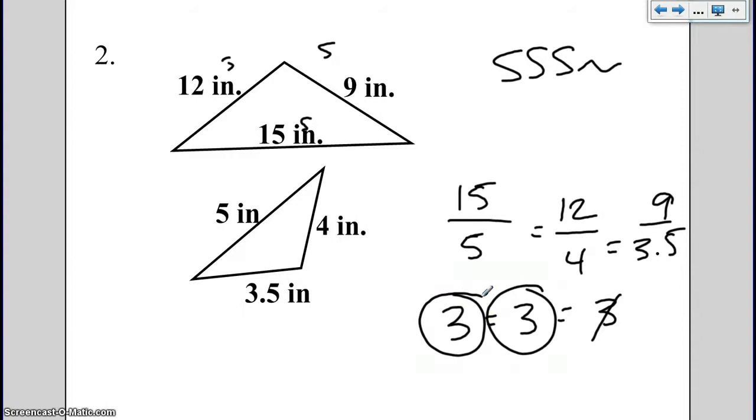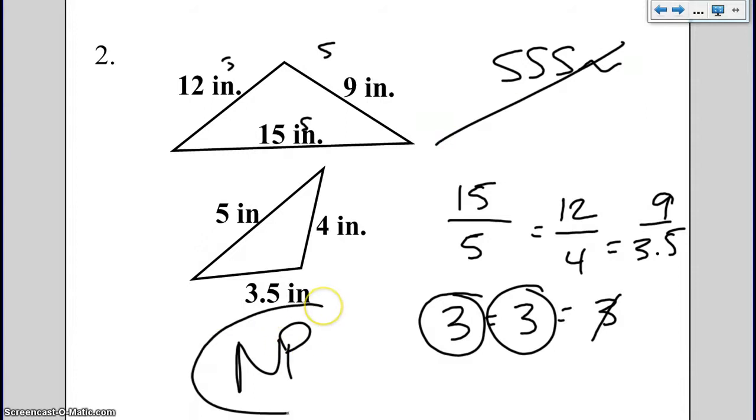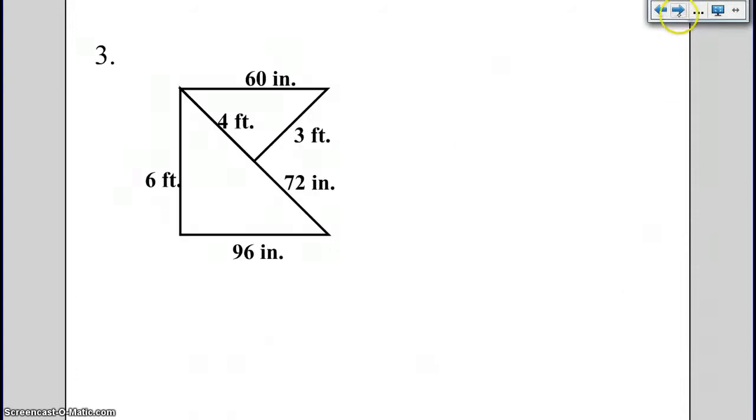So I should have had 3 sides proportional, but I don't. So this is not proven to be similar.